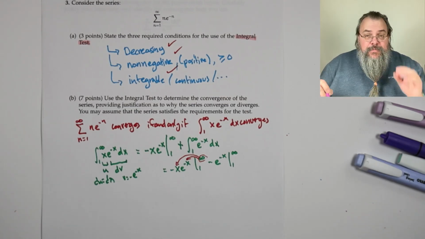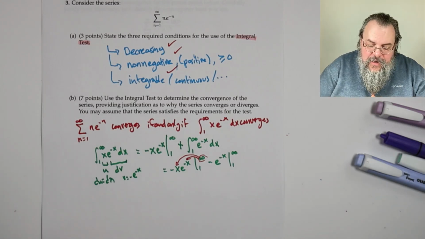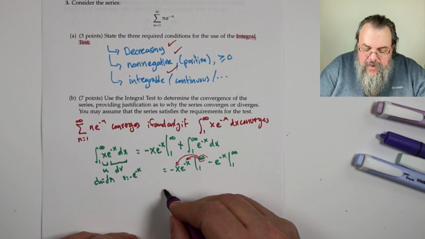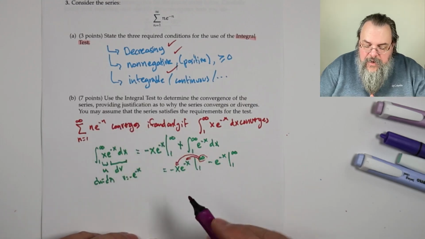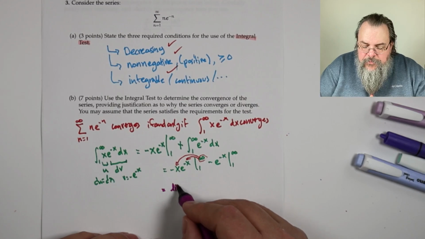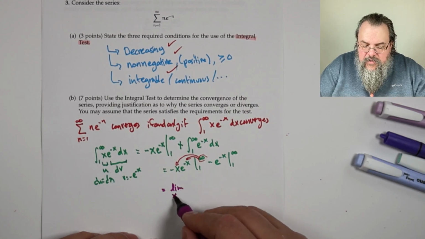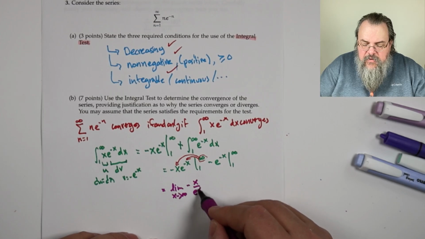So let's go ahead and be super careful. This is an improper integral because it involves infinity. If we're being super careful, because they didn't tell us how careful we had to be, right? They said provide justification. So we would say, this is the limit as x goes to infinity of minus x e to the minus x, which is minus x over e to the x.